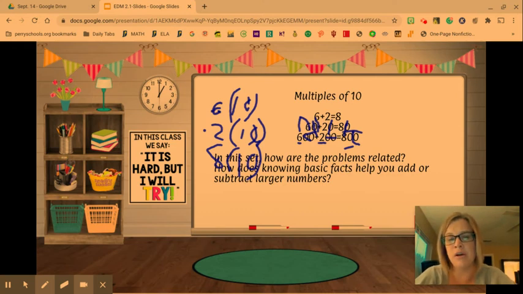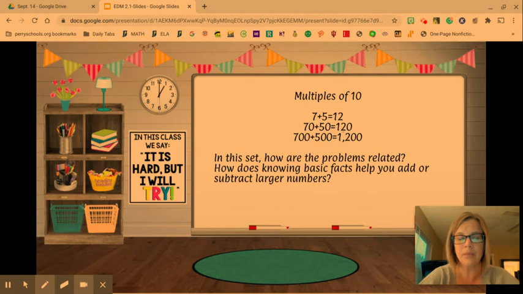So knowing those base facts of the 6 plus 2 is going to help you to solve your multiples of 10 or 100. So on this one, again, the problem is 7 plus 5 equals 12. That's going to be a base fact. Now I have 70 and 50, and both of those are multiples of 10. 7 tens and 5 tens.